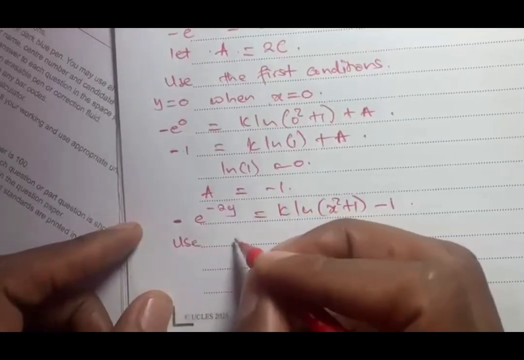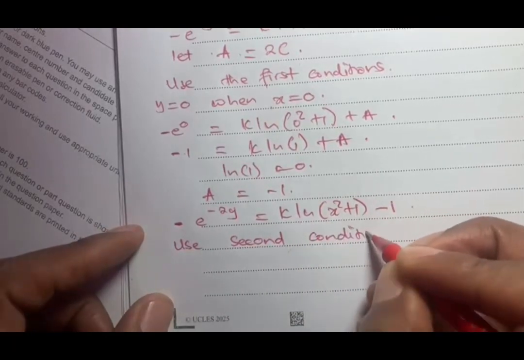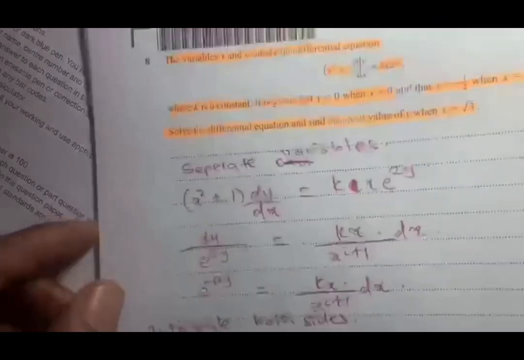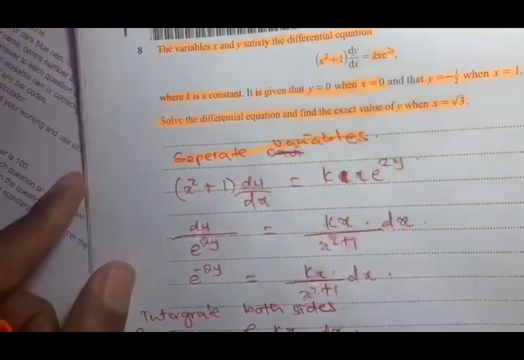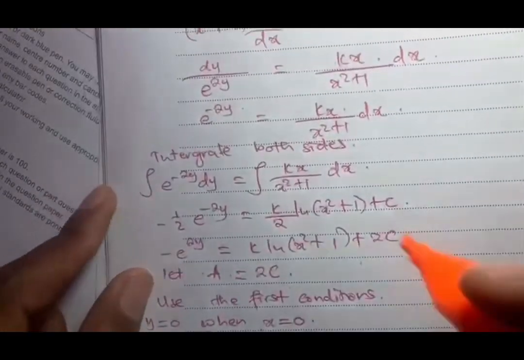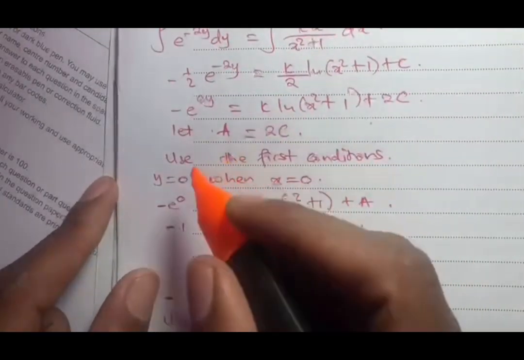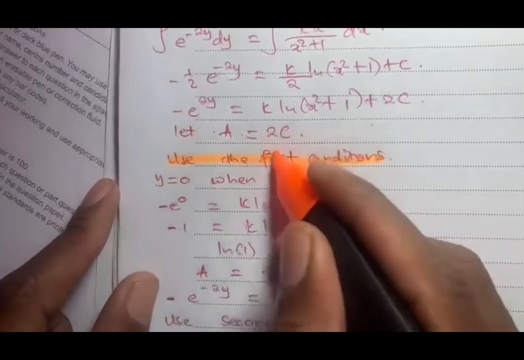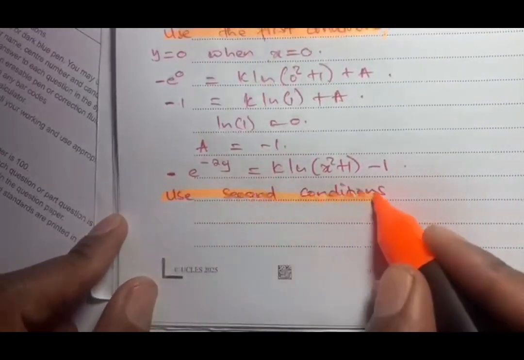So the next thing that I do is to use the second condition. So these are my stages; let me just highlight them. The first thing that I'm doing is to separate variables. The next thing that I do is to integrate both sides. Of course, the next thing is to use the first condition that I'm given, when y is equal to 0, x is equal to 0. And the next thing is to use the second condition.